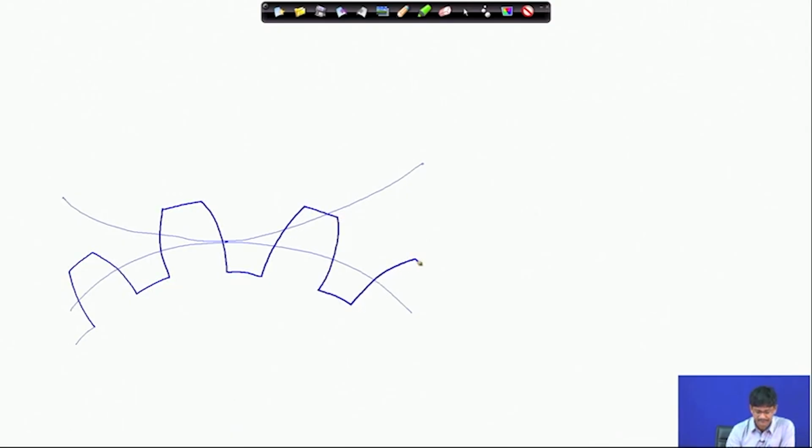So, they are in contact with each other here, and I draw the teeth of one gear this way, and I draw the teeth of the other gear here.